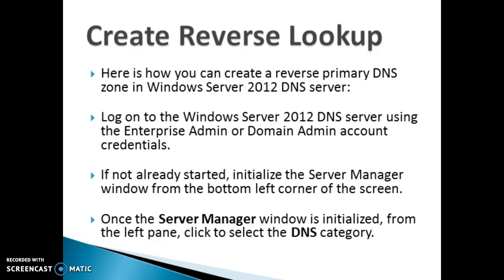Now I'll show you how to create a reverse primary zone. Here is how you create a reverse primary DNS zone in Windows Server 2012. First thing is to log in on your Windows Server.